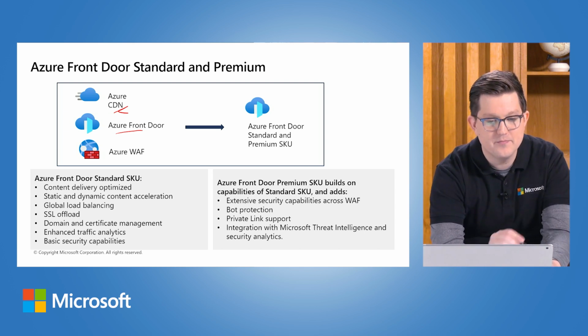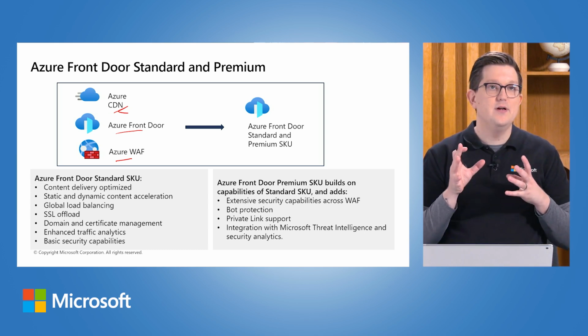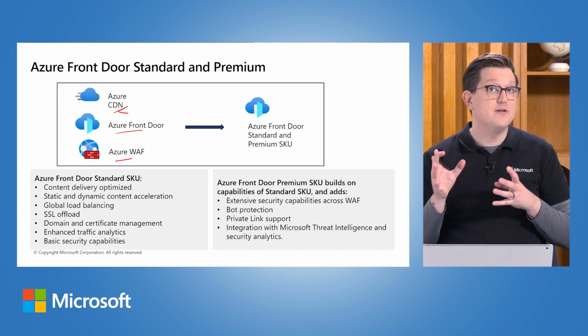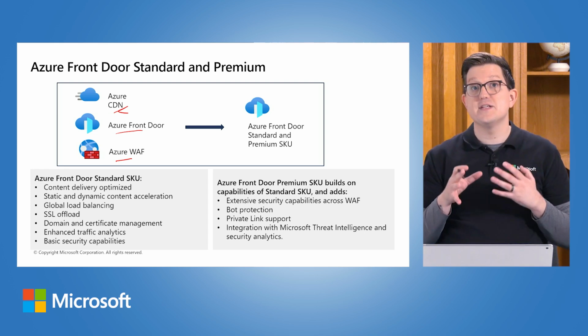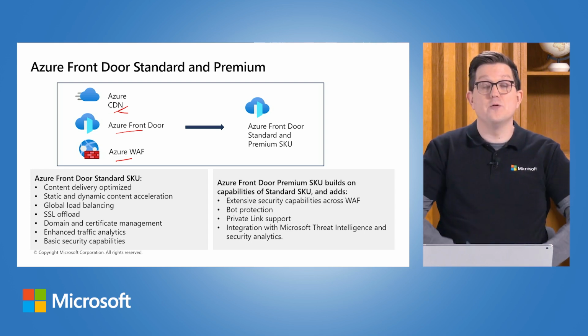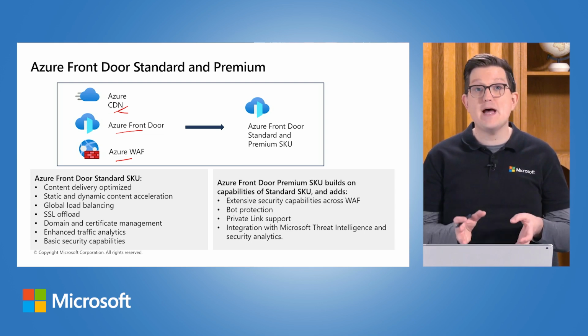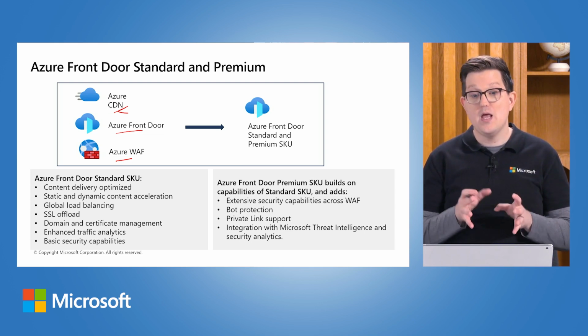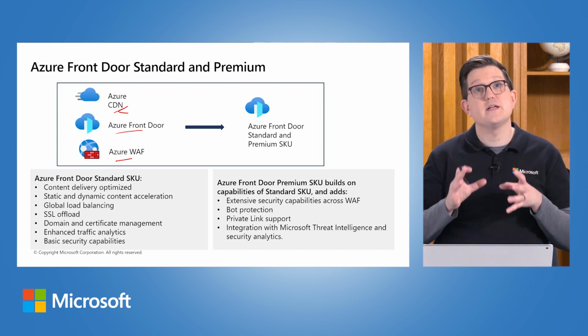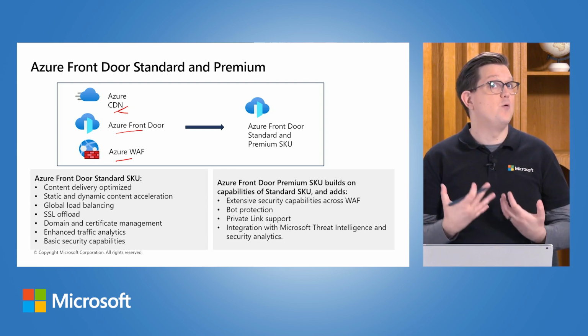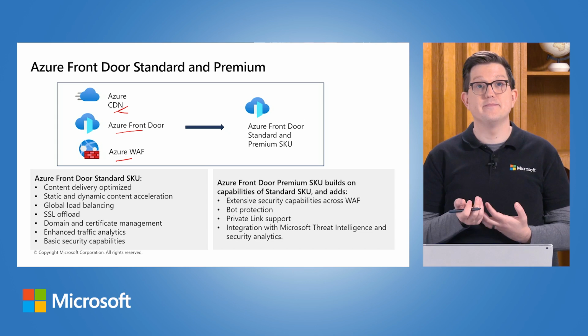And the third is the Azure WAF, the Web Application Firewall. This allows us to analyze requests that are coming through for threats and be able to redirect or block traffic that matches a threat profile. Azure Front Door in its current form is effectively all 3 of these tied together.